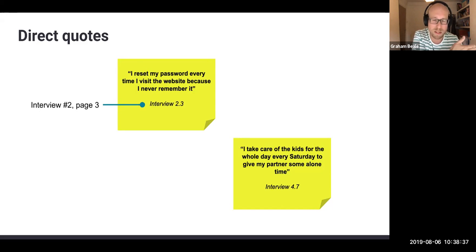If you're doing this on video, sometimes you've got a time code, so you can review back to the video at a later date. If you need to prove this to a stakeholder, you can go back and show them that clip and create a little montage of users saying what you've said. So it's a good way of going back to the source information and proving it to the stakeholder.